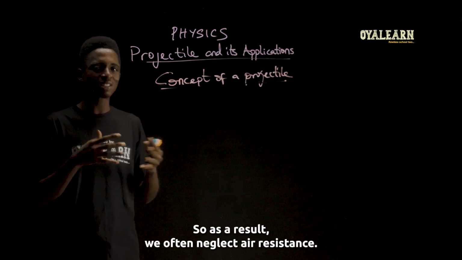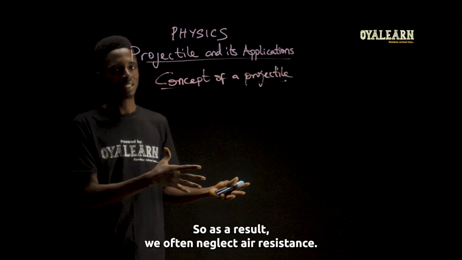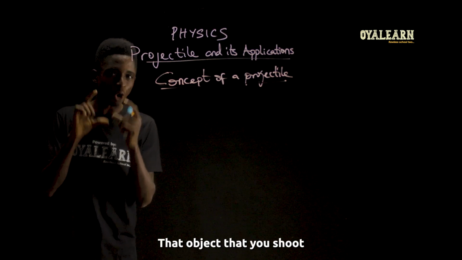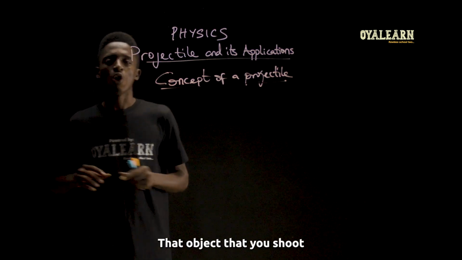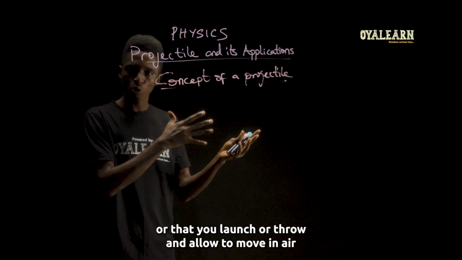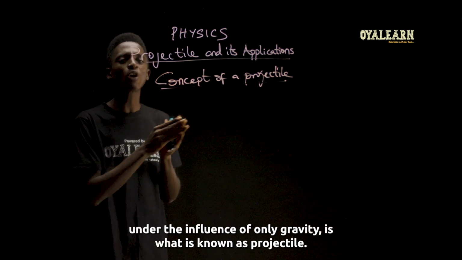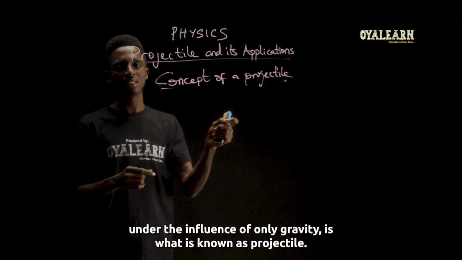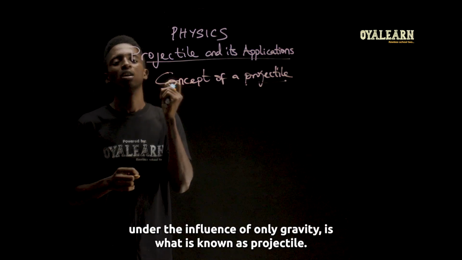As a result, we often neglect air resistance. But that object that you shoot or launch or throw and allow to move in air under the influence of only gravity is what is known as a projectile.